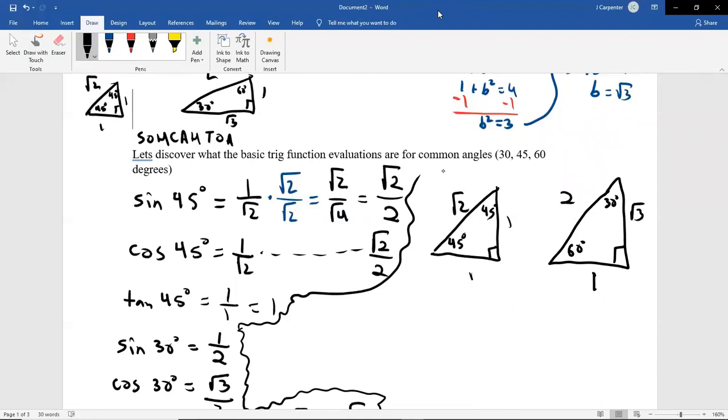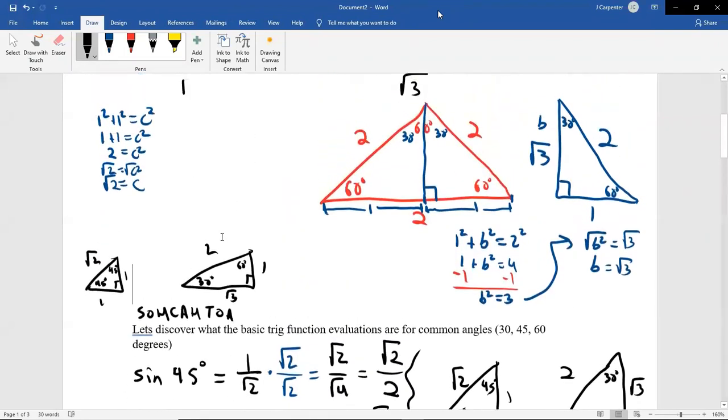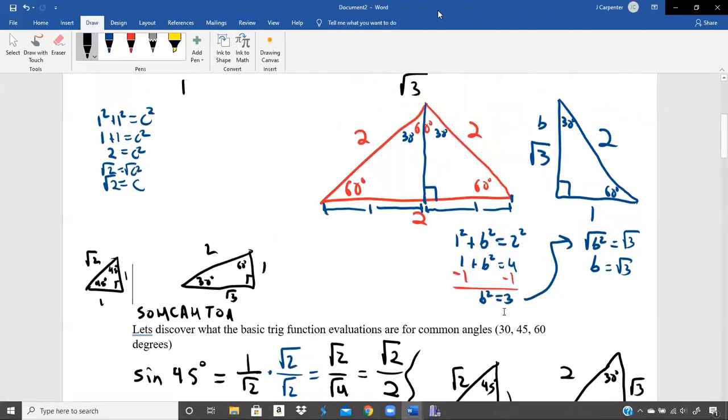Again, those are the largest numbers. So now the sine of 60 degrees, sine is opposite over hypotenuse, opposite square root of 3, hypotenuse is 2. Square root of 3 over 2, and that's it. If I did it up here, I would have gone opposite square root of 3 over 2. It would be the exact same thing.